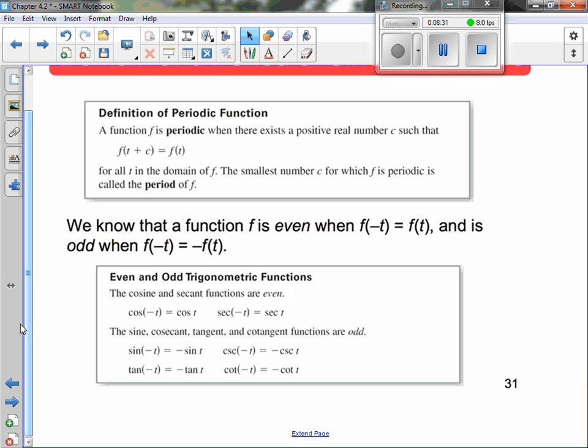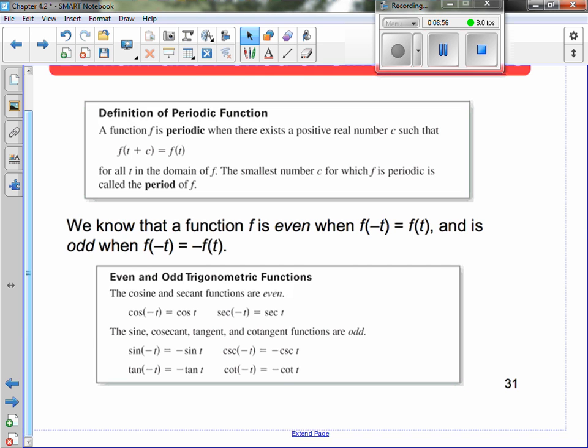But if we didn't have that, knowing that cosine of negative 45 is the same as cosine of 45 degrees, then I can look on my chart and find that answer. So that's where a lot of these theorems that we're going to start delving into in this chapter are going to be helpful.